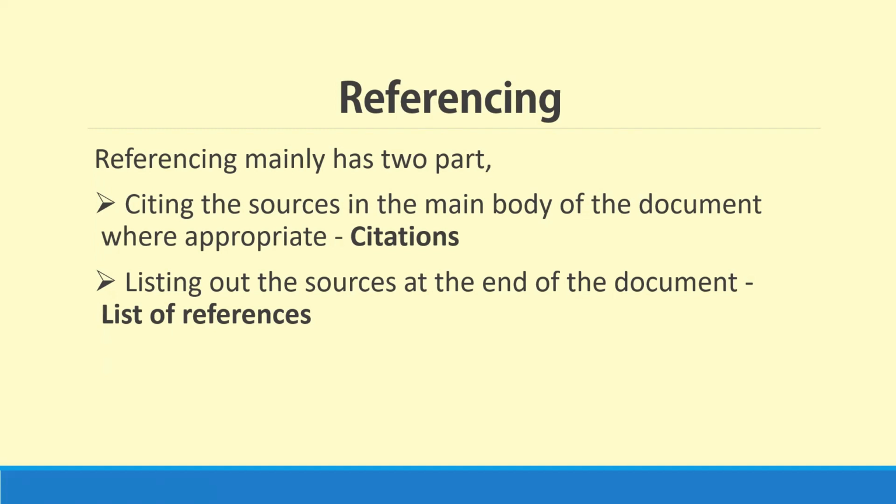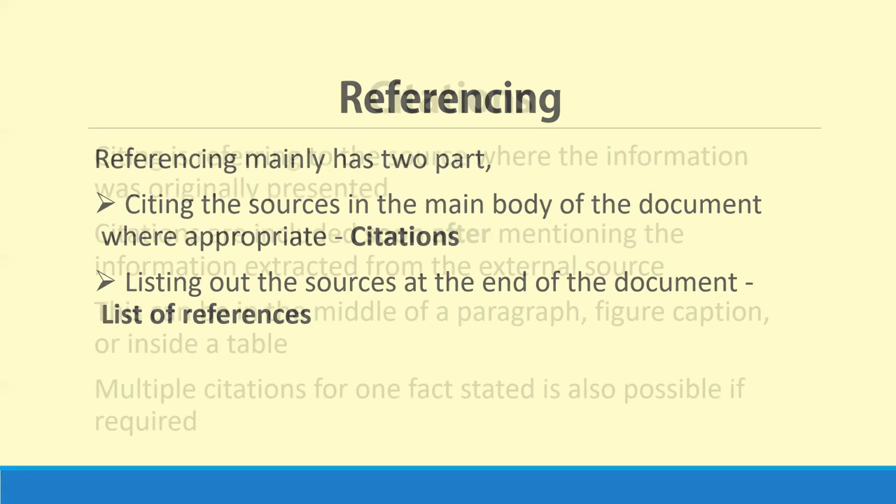So these are the two parts. In citations, you can't give all the information about the external source, but in the list of references, you can include all the necessary details for the readers to see if they also want to refer to those sources.